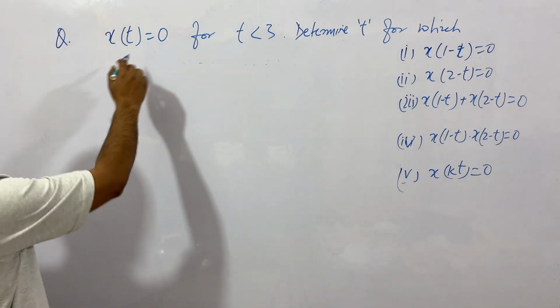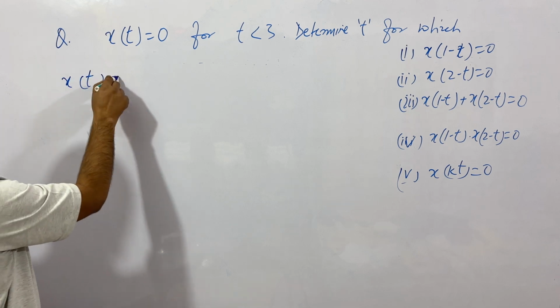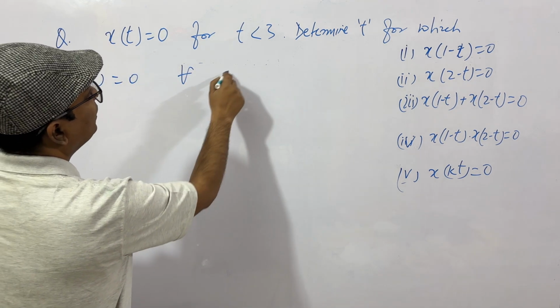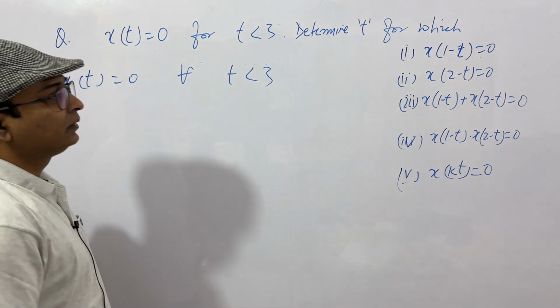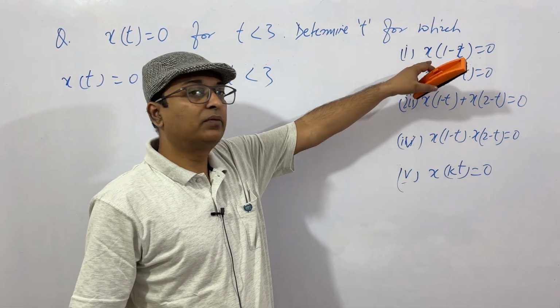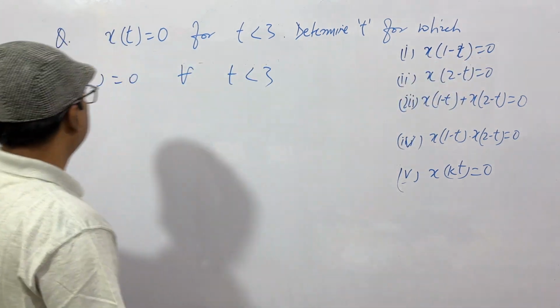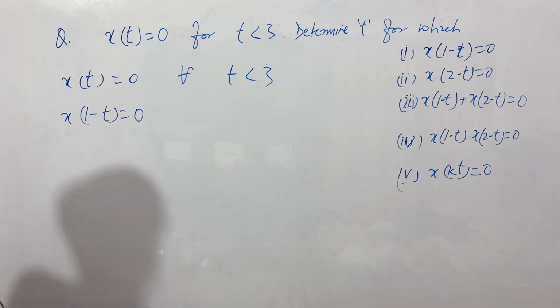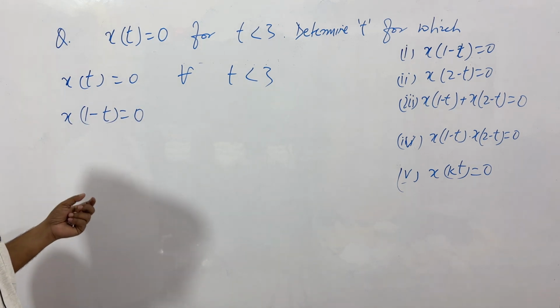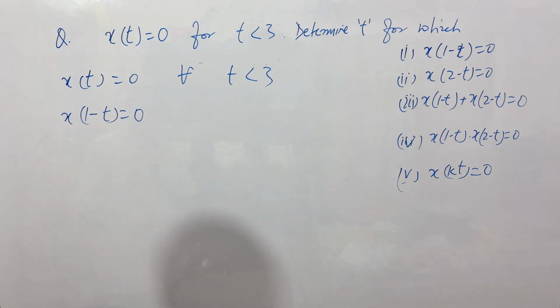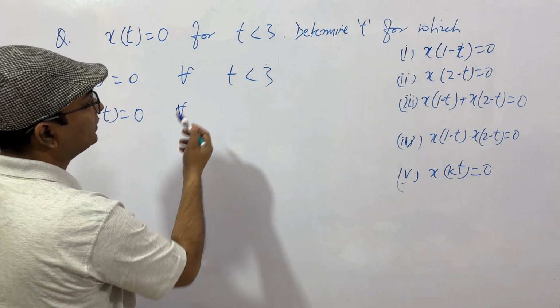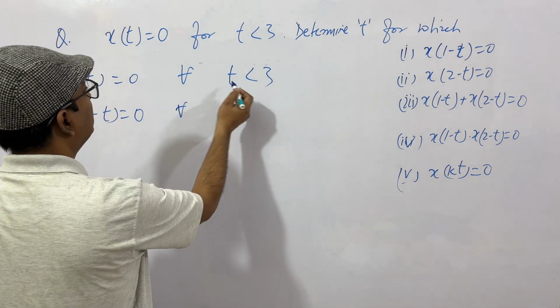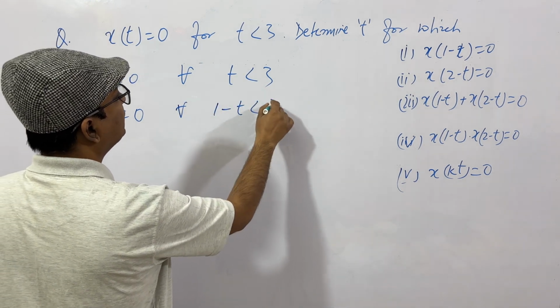Now, the question is x(t) is equal to 0 for t less than 3. We have to find the values of t for which x(1 minus t) is equal to 0. In the last example, we saw discrete signals. This is for continuous signals, so we will do it in a similar way. We put 1 minus t in place of t.